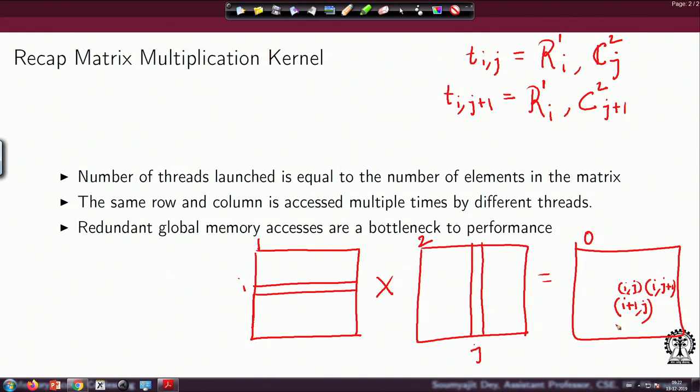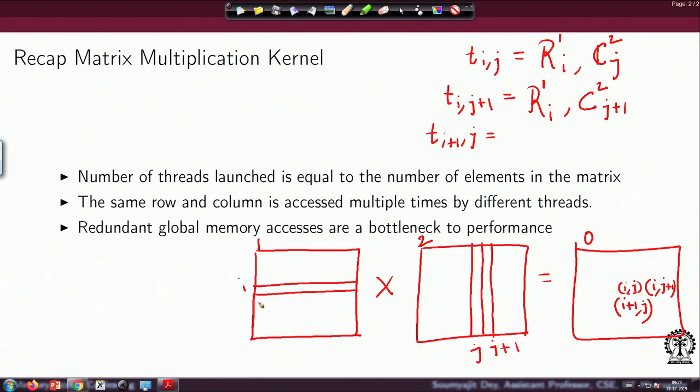Now, let us consider some other entity. Let us consider the point (i+1, j). What are the different memory locations that the thread which will compute for this element will be accessing? Let us call this thread T(i+1, j). As we can see, the first one accessed the ith row and jth column, the second one accessed the ith row and j+1th column, right.